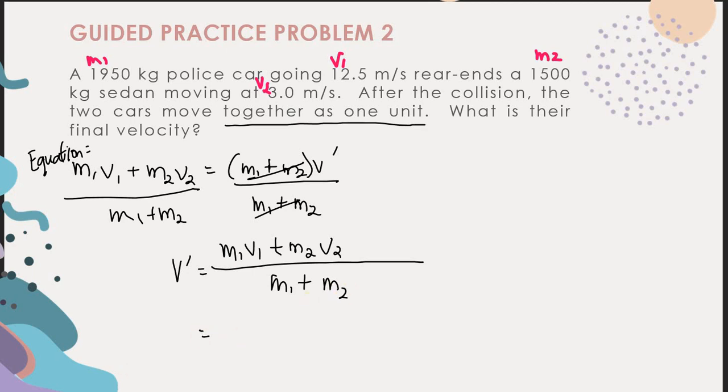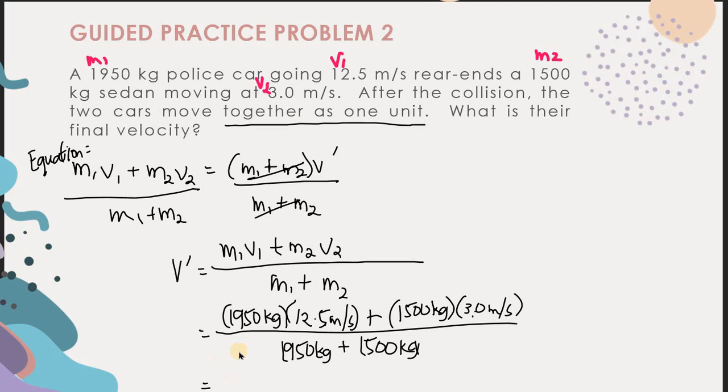Just substitute the values and solve this on our calculator. V prime is now equal to 7.50 meter per second. So again, the first example is an elastic collision, and this one is a perfectly inelastic collision.